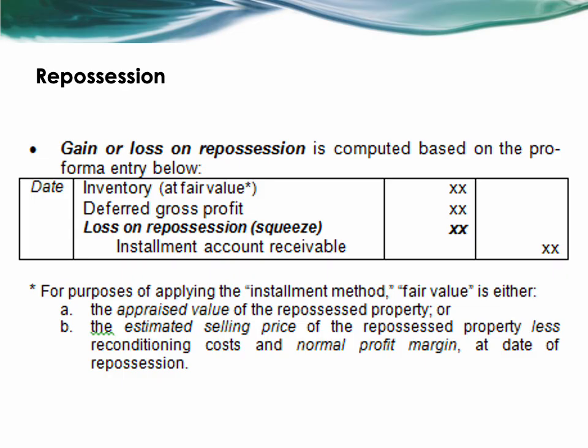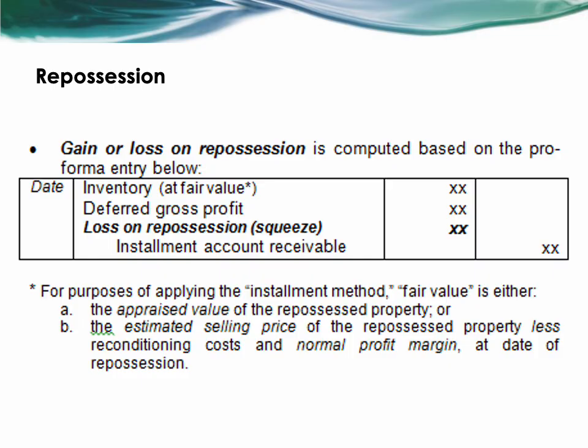Now let's talk about repossession. There are instances wherein the buyer defaults on their payment. When this happens, the seller or the installment vendor may repossess the property. We must record the repossession and determine if there is a gain or loss. The pro forma journal entry is shown.